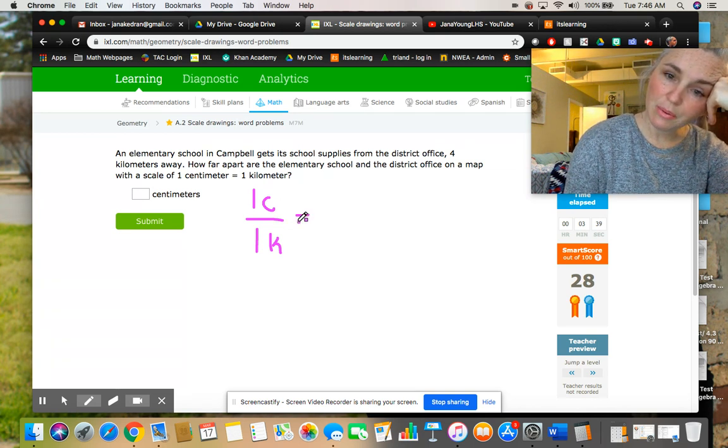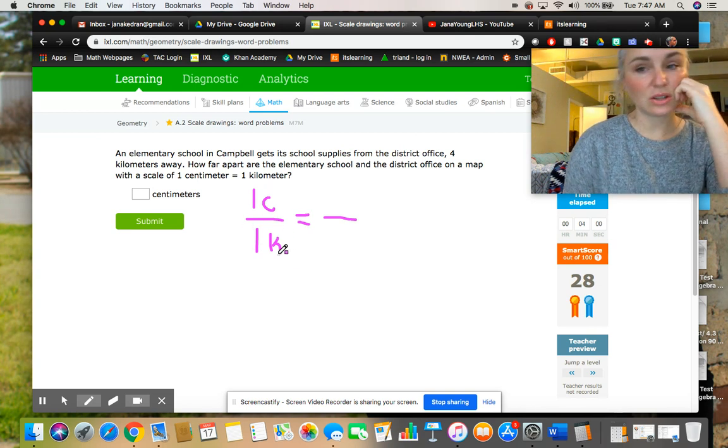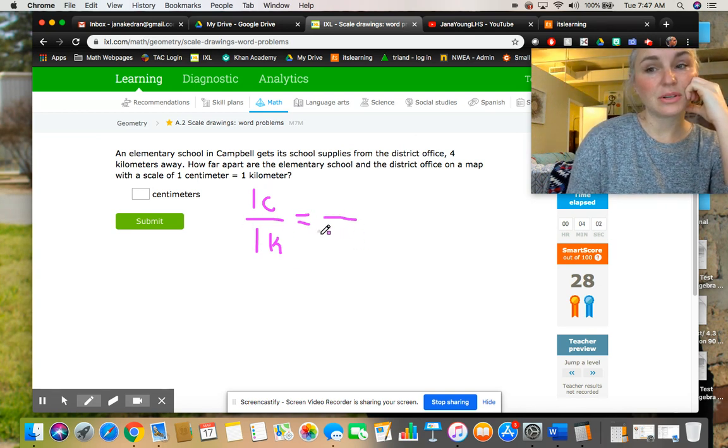So set up a proportion where you have it equal to a fraction, where something in the fraction, of course, is unknown. If kilometers are in the bottom of the fraction on this side, then kilometers are in the bottom of the fraction on this side.